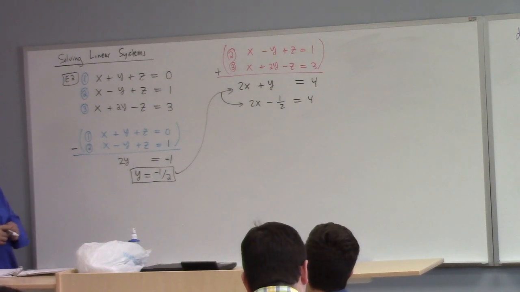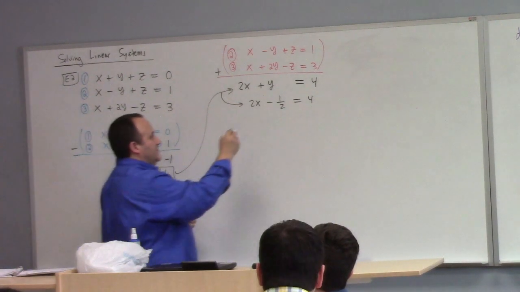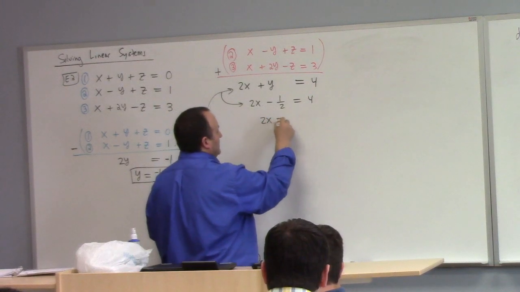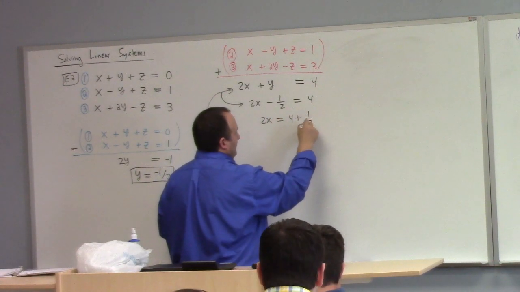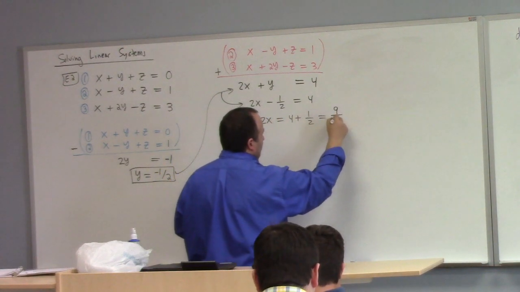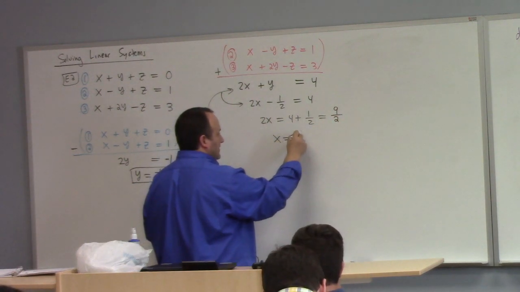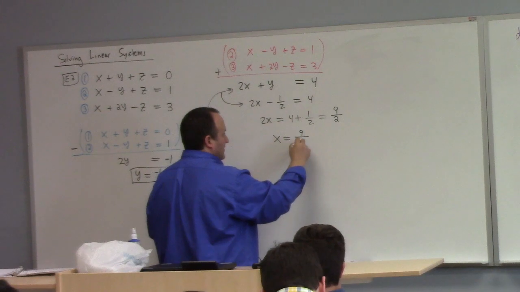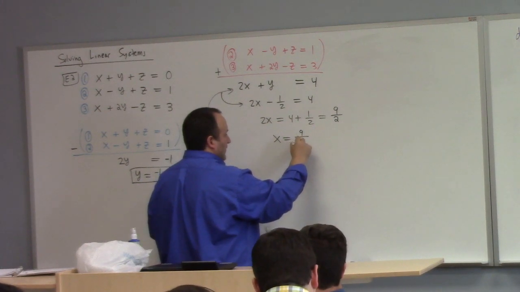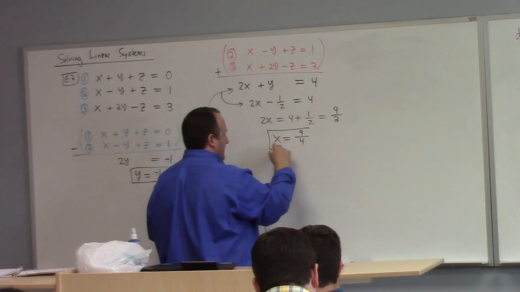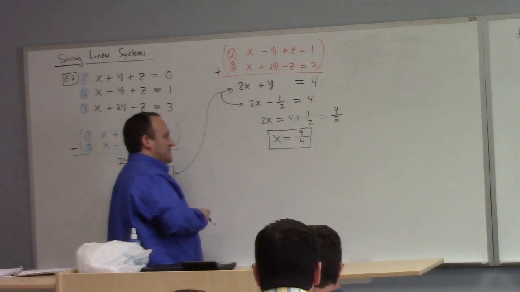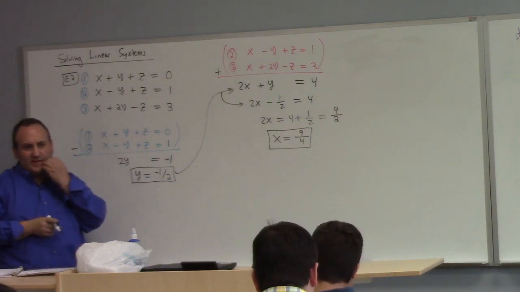So 2x is equal to 4 plus 1/2. 4 plus 1/2 is 9/2. And then we divide by 2. We get x is equal to 9 divided by 2 times 2, which is 4. So apparently, another fraction. Hideous. 9/4. All right?